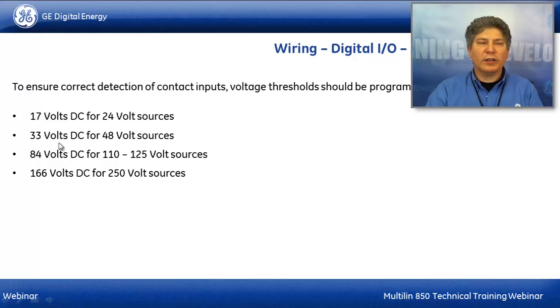We don't want to leave the setting at 33 volts, which is the factory default, if we're using a 120 volt DC source to control the contact inputs. This could cause a false value, so basically a false state, a nuisance condition. So it's very important that the setting is matched to the voltage source.